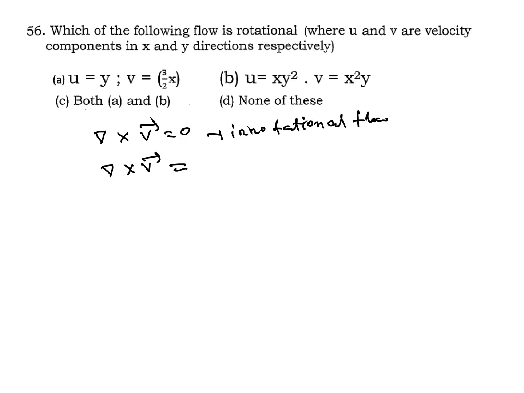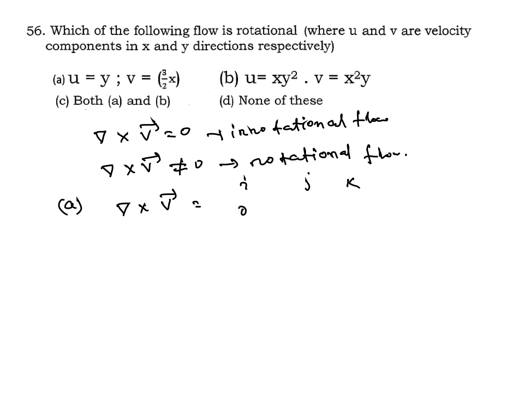From option A, del cross V equals the determinant of i j k, del by del x, del by del y, del by del z, u v w.